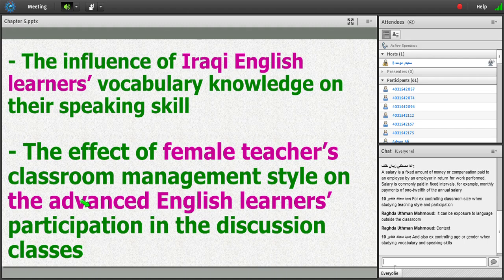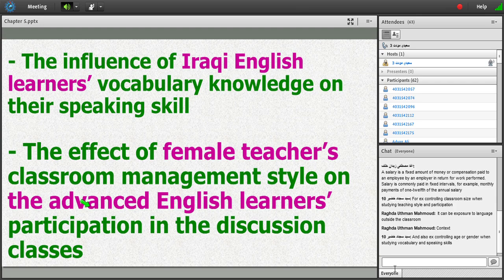The age or gender, exactly, that's right. So control variables are those variables that we control in order to have control over the condition, in order to have objective data, in order to have the influence of the independent variable on the dependent variable, not other factors.